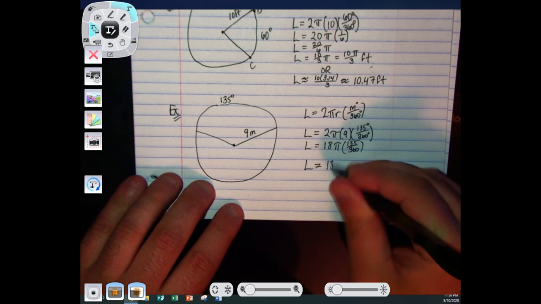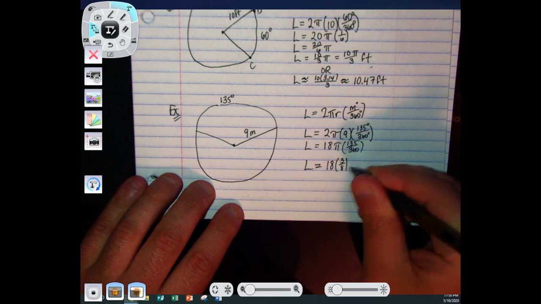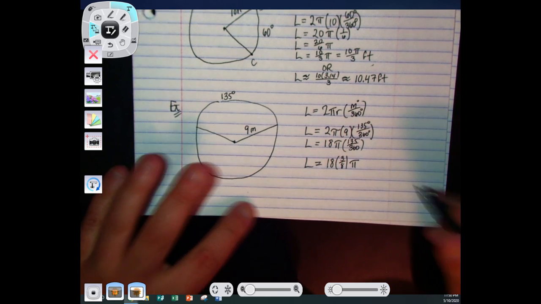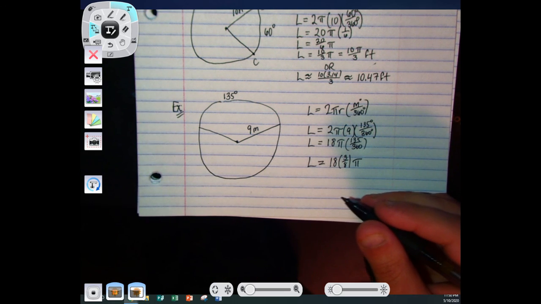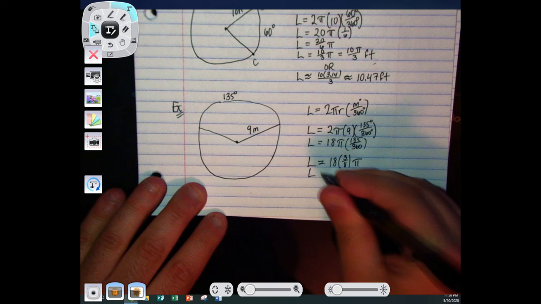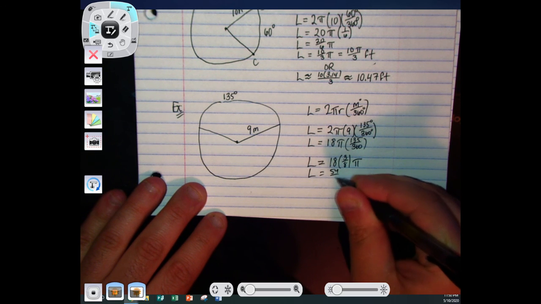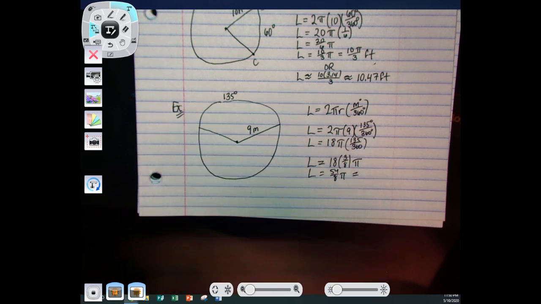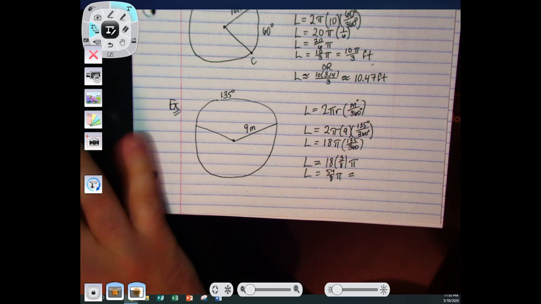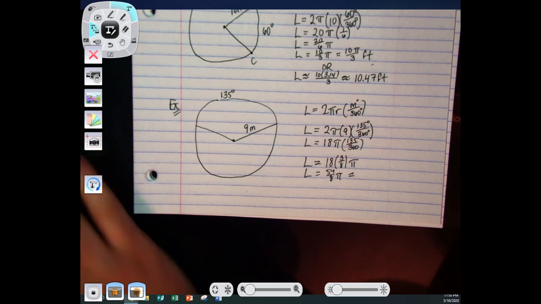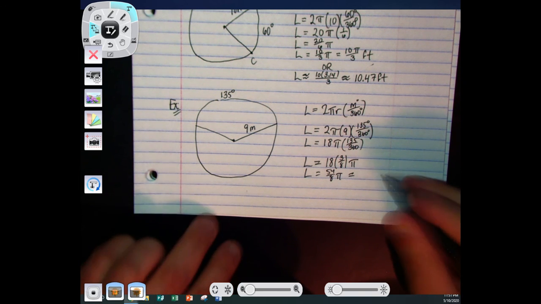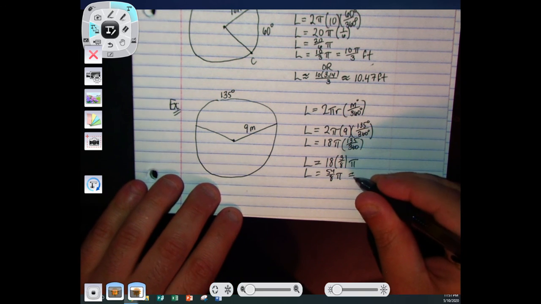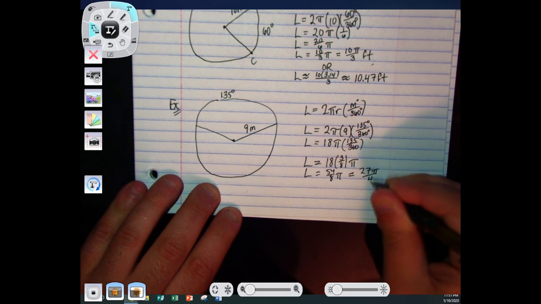So it's 18 times 3/8 times pi. Here I can cancel, and we end up with 54 over 8 pi, which simplifies to 27/4. So we can say 27 pi over 4.